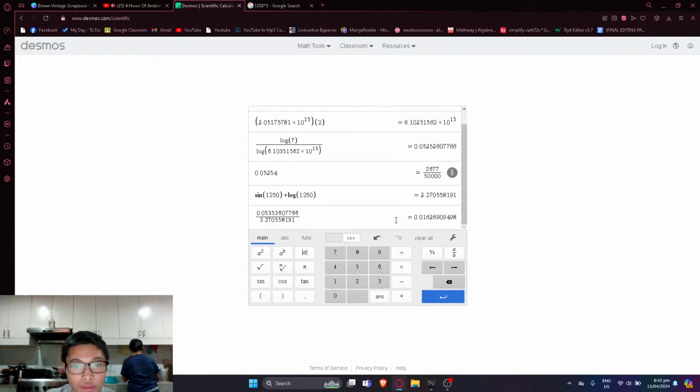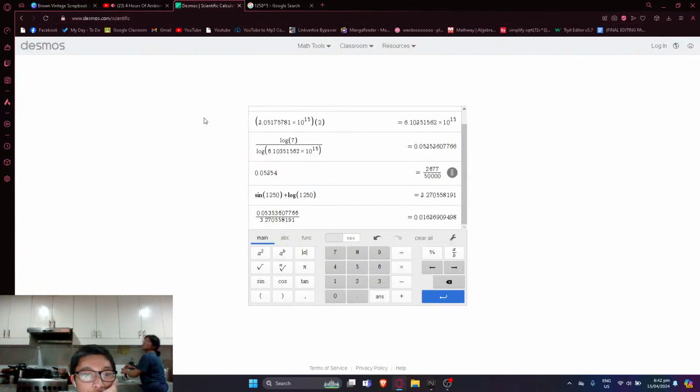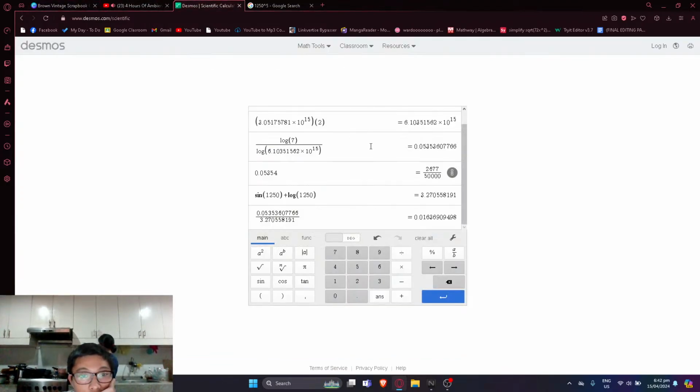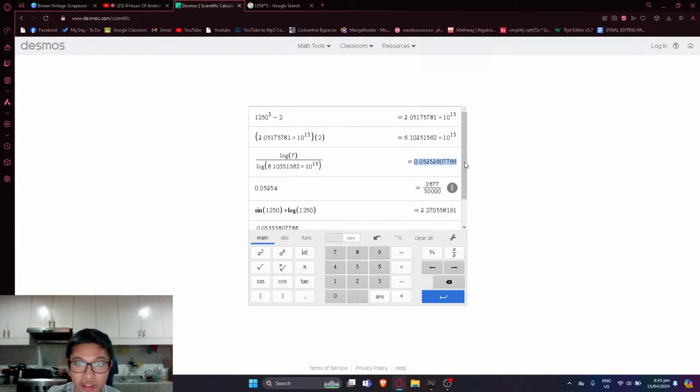We have, where is it? Oh my gosh, I forgot. We have yet to solve the tangent. Tangent of this log. We've missed the part.